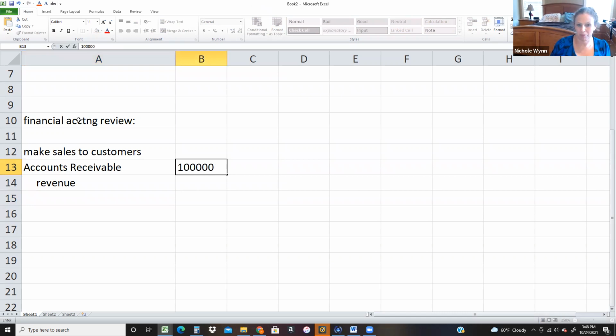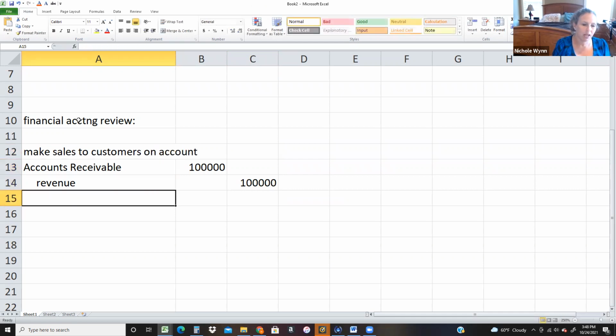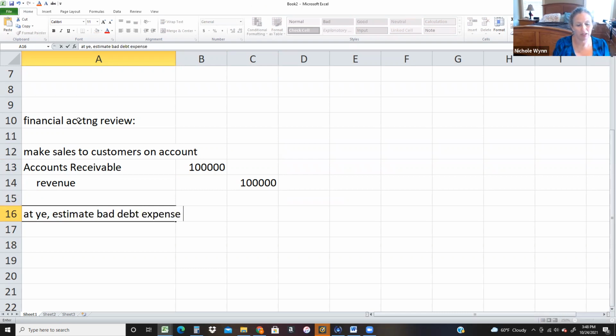So I'm just making up a number. So make sales to customers on account. And then at year end, estimate bad debt expense to be 1% of credit sales.